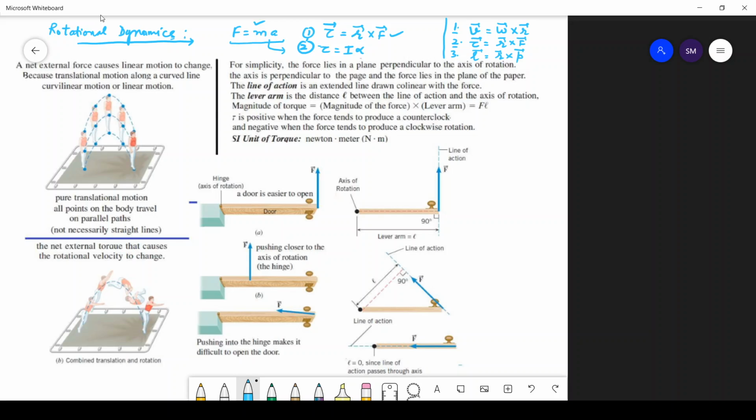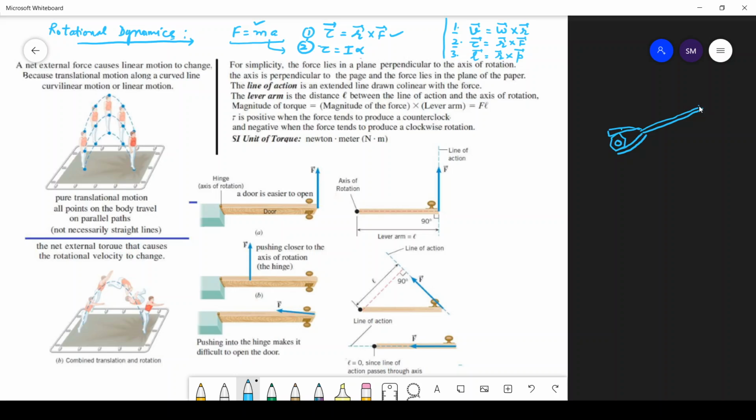So, students, suppose I have a nut over here, and I want to open this nut with a wrench.